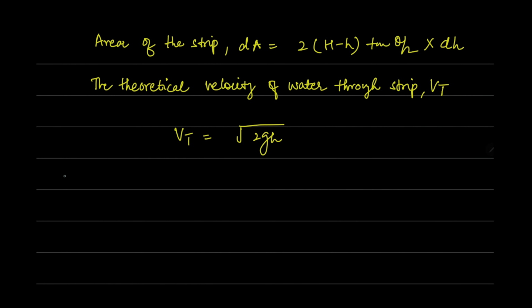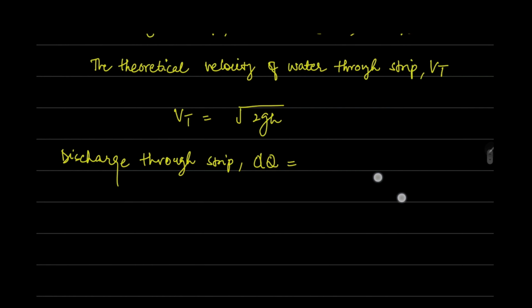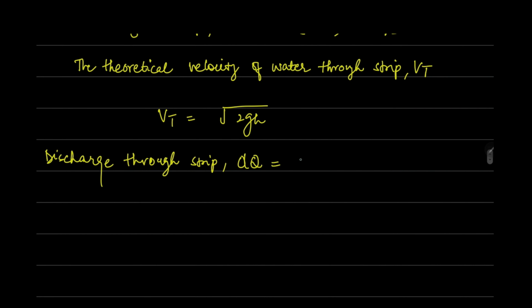So the discharge through this strip can be written as dq. And this discharge is the area of this strip multiplied by the theoretical velocity. So dq is dA multiplied by Vt.